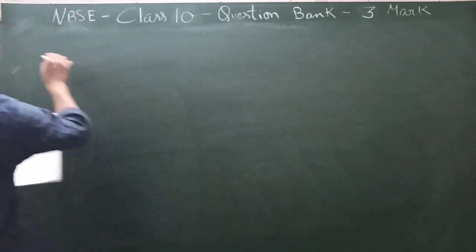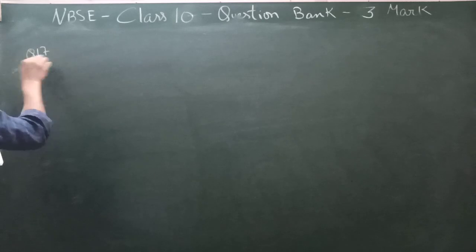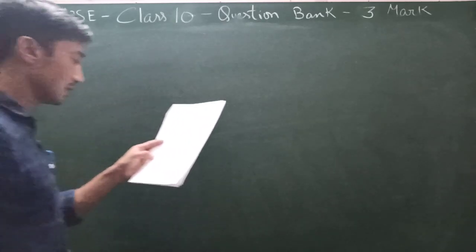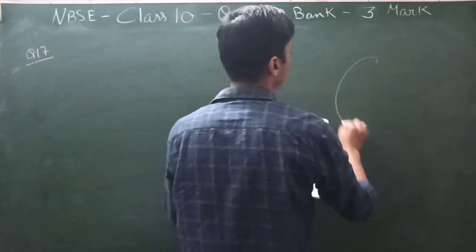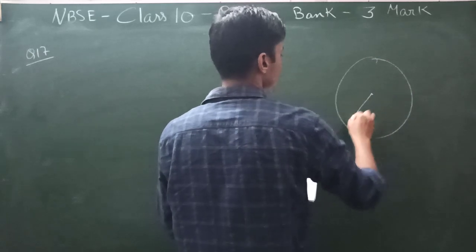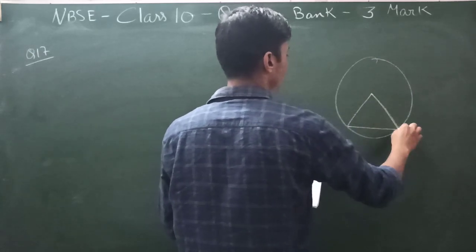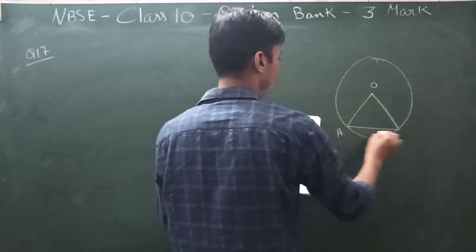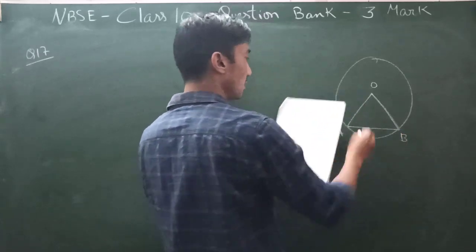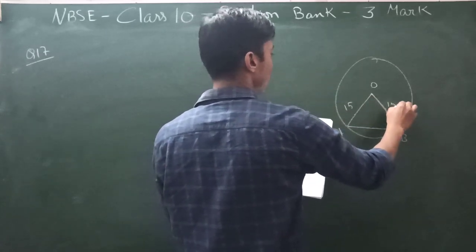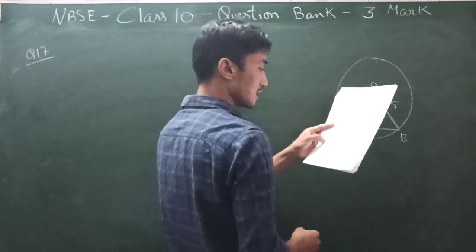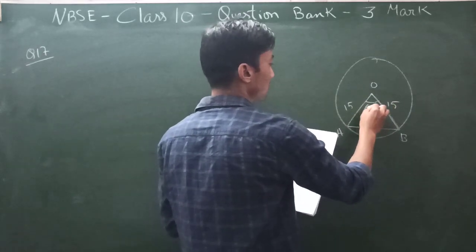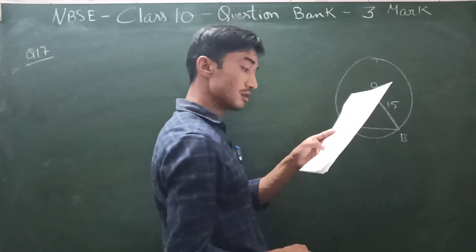Let's go to number 17. What it says is: a chord of a circle of radius 15 centimeter subtends an angle of 60 degree at the center.